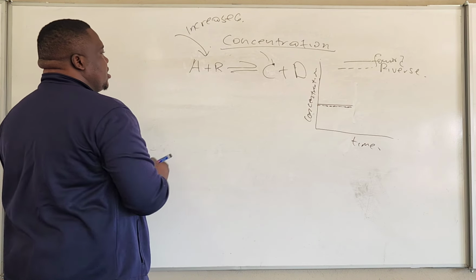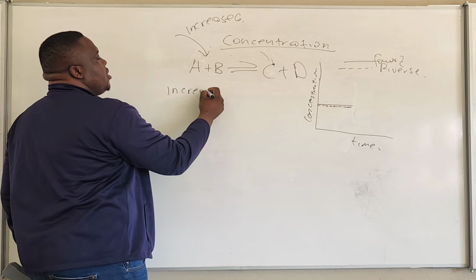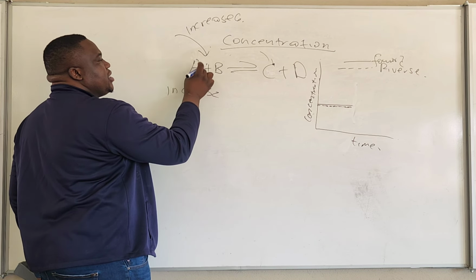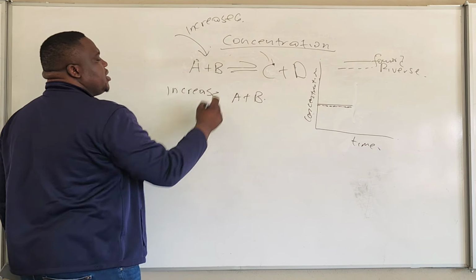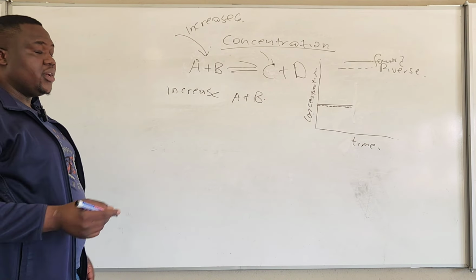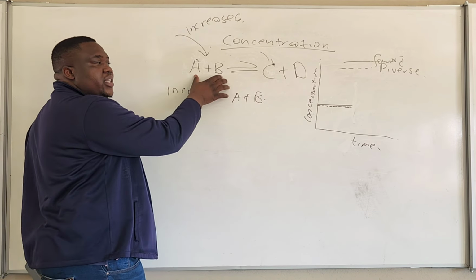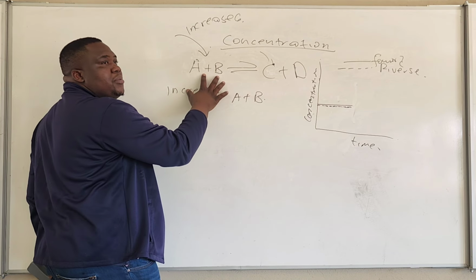The same, let me just write, just for the last time. Remember I was talking about one. When we increase one, it's the same as we increase both. We increase A plus B. Are we together? What's going to happen? When we increase A and B, isn't it our reaction is at equilibrium? And we have increased A and B. What must happen?